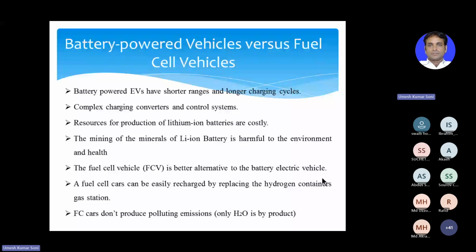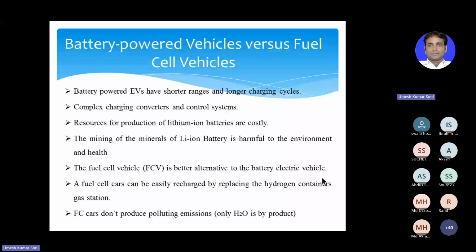So the main problem in electric vehicles is the shorter range of the battery, shorter range of drive for one charge, and during charging it takes a long time. So it has a very long charging cycle. Also we have the complex design of converters and control system.